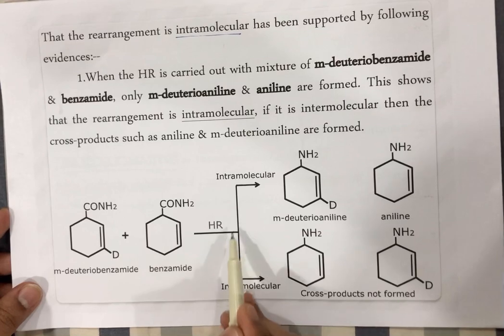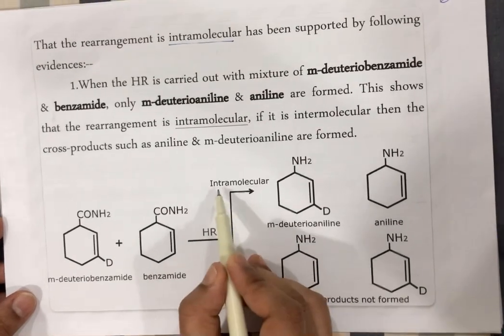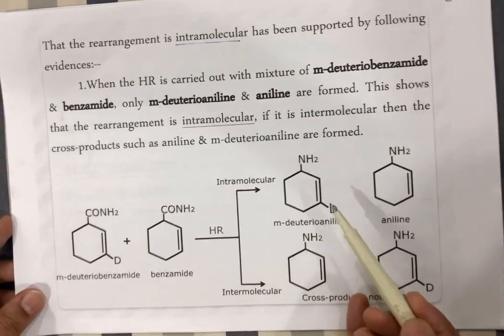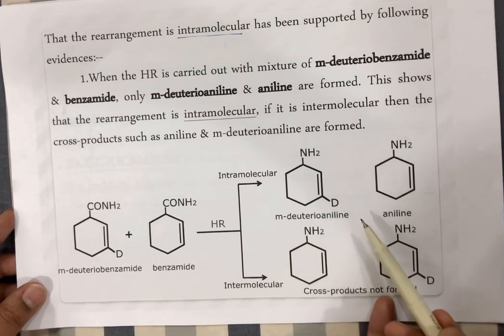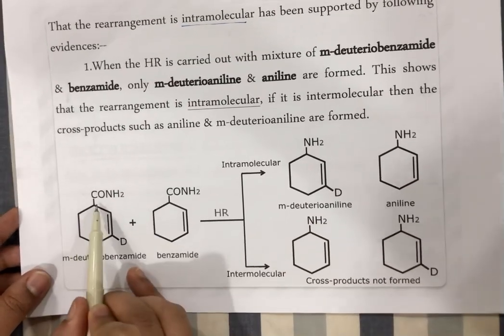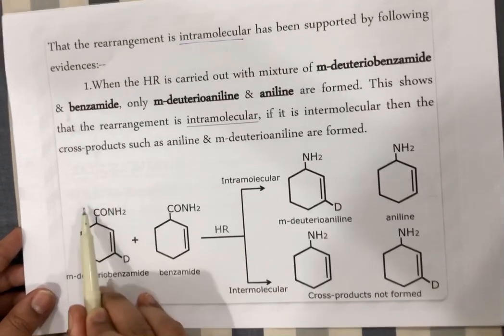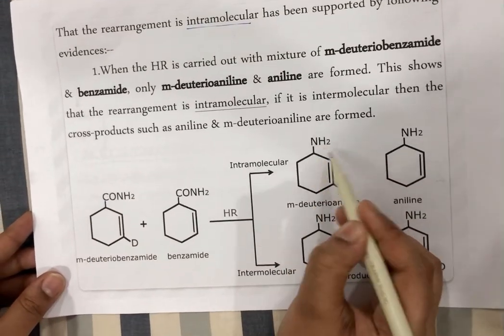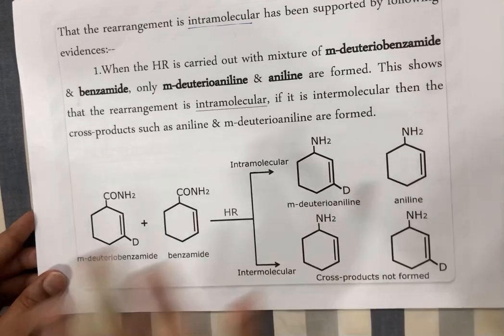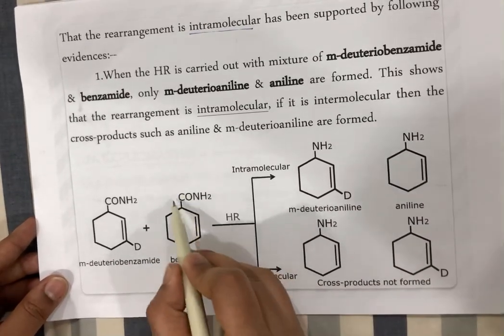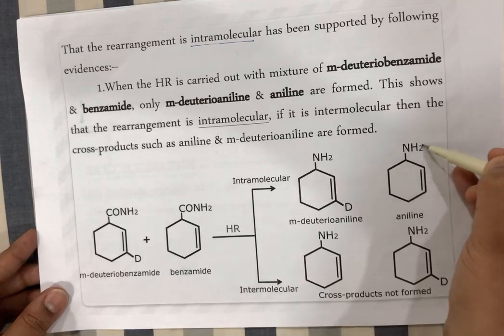When the Hofmann reaction proceeds intramolecularly, the products formed are meta-deuteroaniline and aniline. This means the amide group converts into an amine group, D remains as such, and the amide group converts into NH2 group.